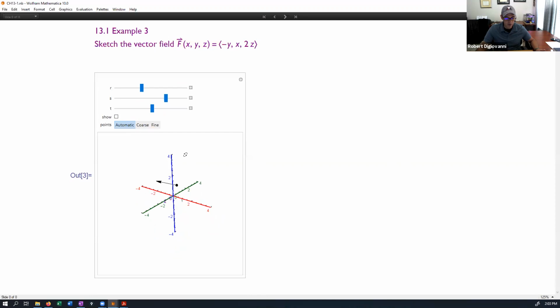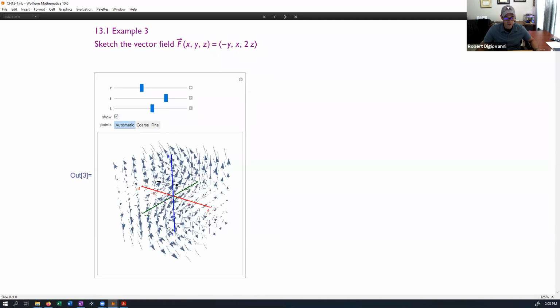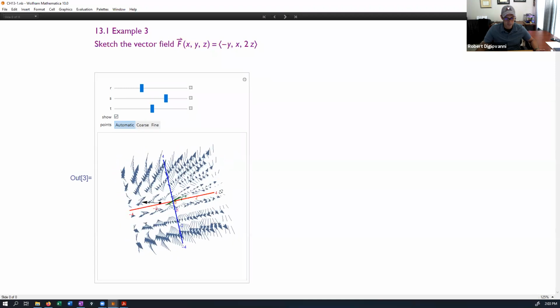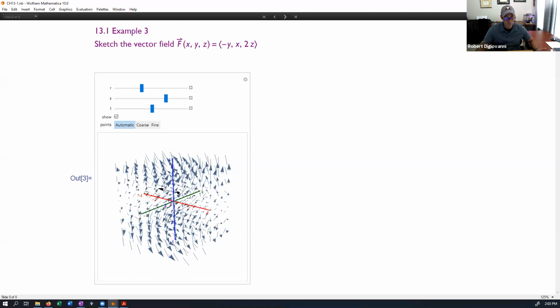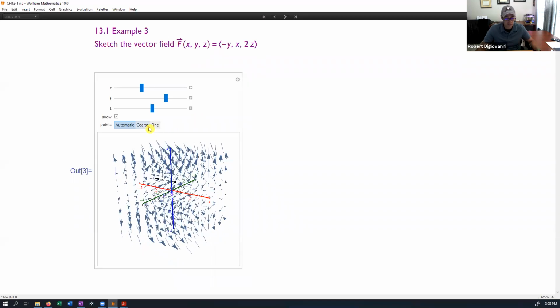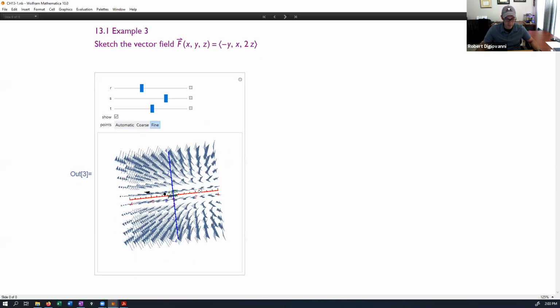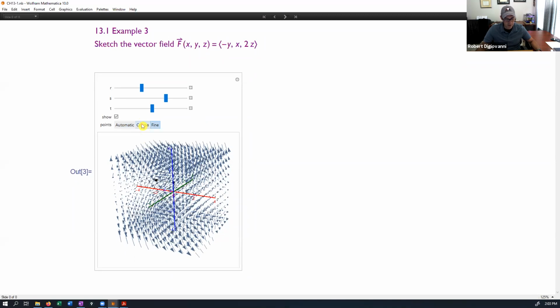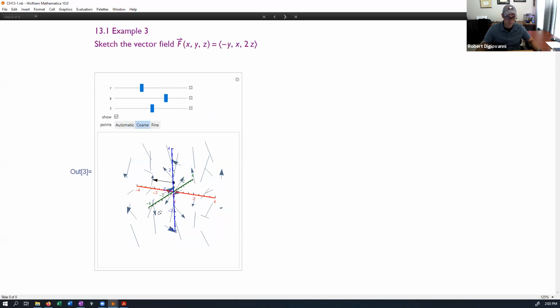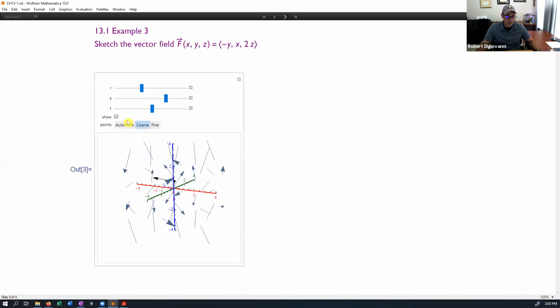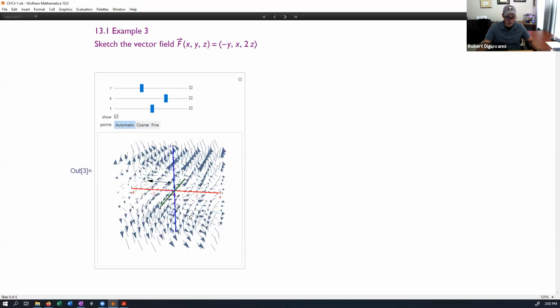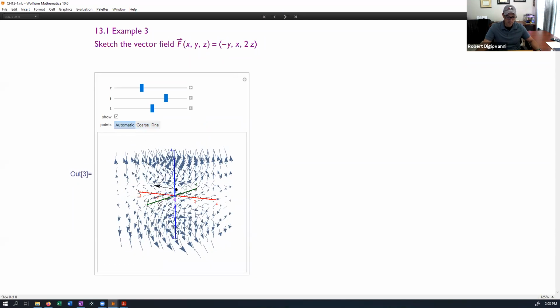And if we were to put all the vectors together and get some idea of what it looks like, there it is. There's the vector field for this particular field. Yeah, that's too many of them, I think. Hard to see what's going on there. Oh, that may not be enough. But I think this one gave us the best idea of what's going on.